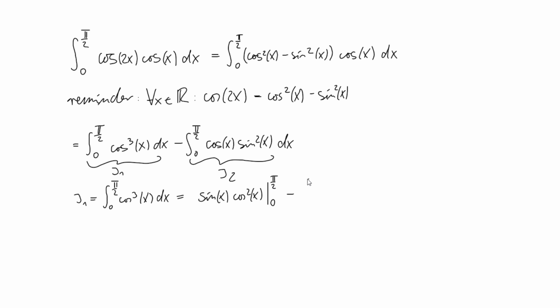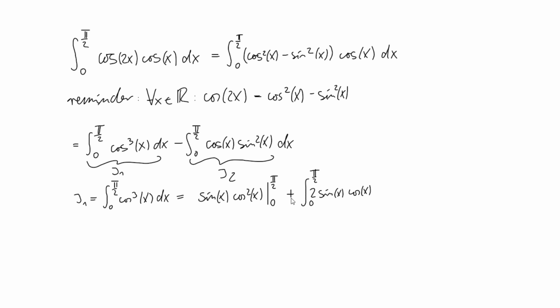minus the integral from 0 to pi over 2 of sine of x times the derivative of cosine squared, and this would be 2 times cosine of x times minus sine of x.